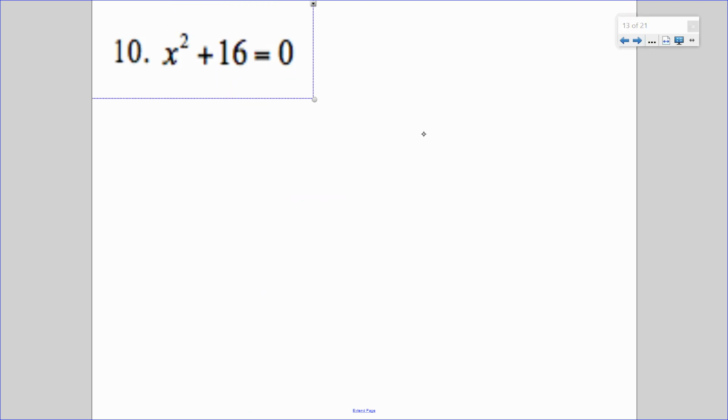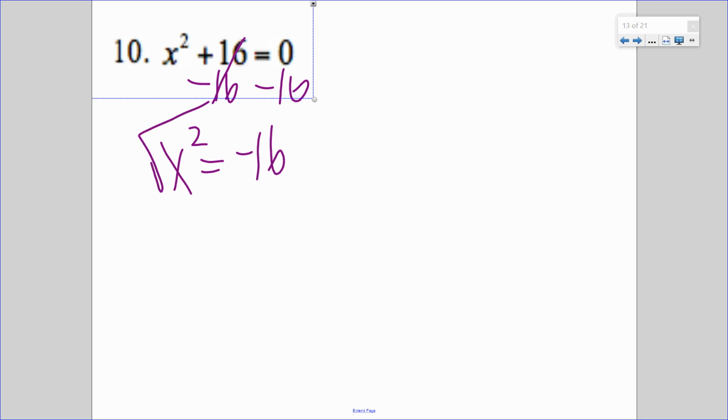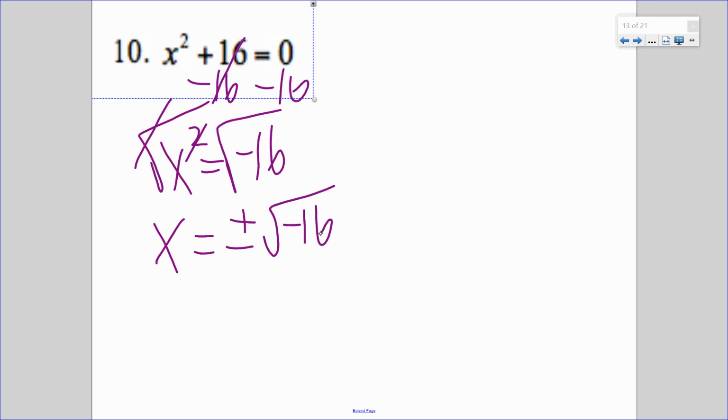Number 10, I want to solve for x, so I'm going to isolate and square root. I'm going to subtract 16 from both sides. I get x squared equals -16. And then I take the square root to get rid of the squared. When you take the square root, we put plus or minus, radical -16.